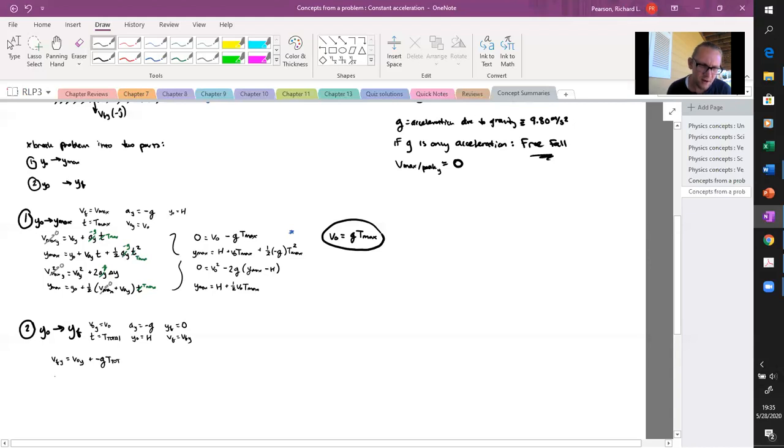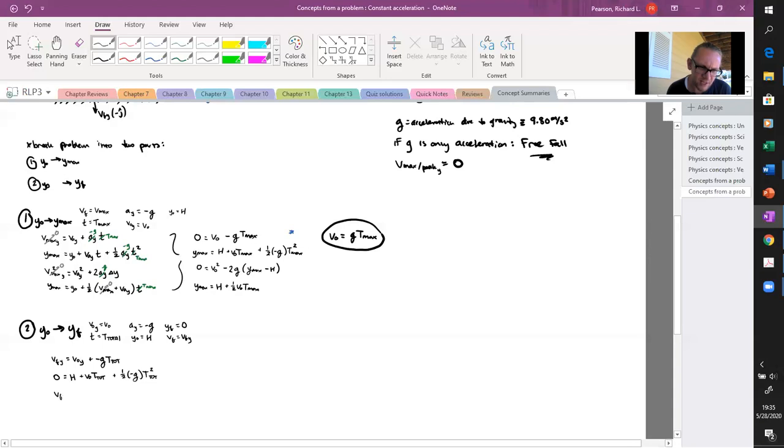Okay. Our final position is 0. Our initial position is H. Our initial velocity is V naught times the time that it takes for it to go up and down, plus our 1/2 negative G T total squared.